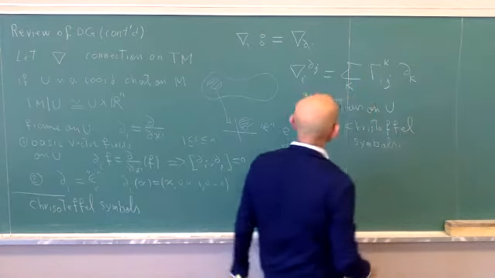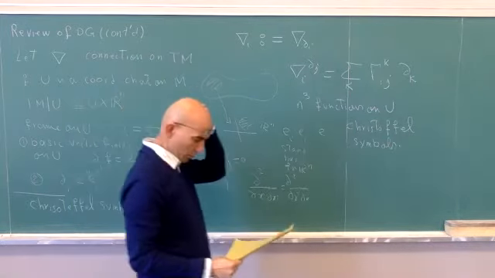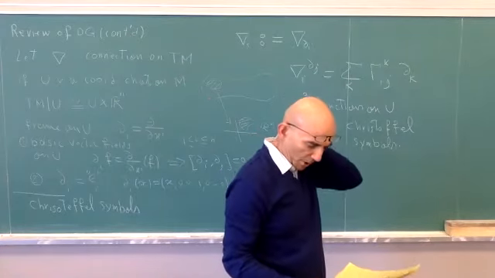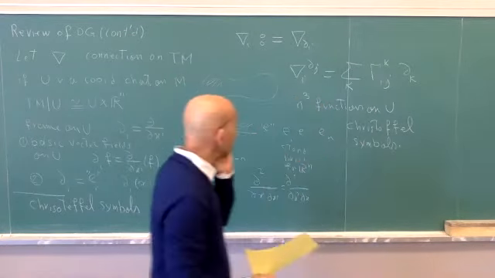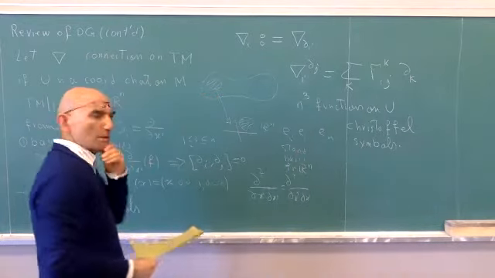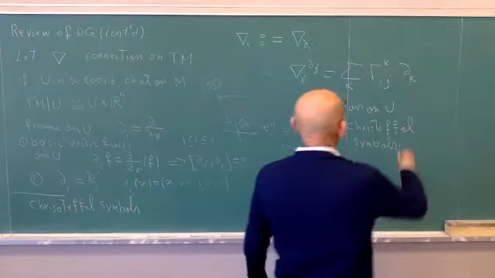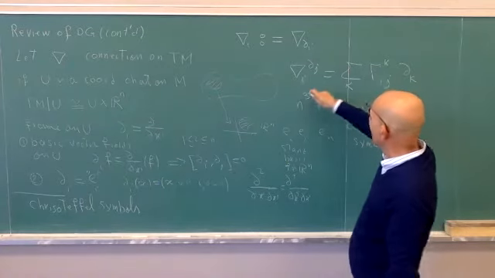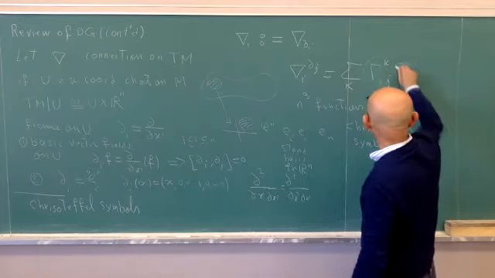So these are Christoffel symbols of this connection in this coordinate chart. This is important; sometimes we will use it later on. What is this gamma ijk? That's the notation, because these are just some coefficients.